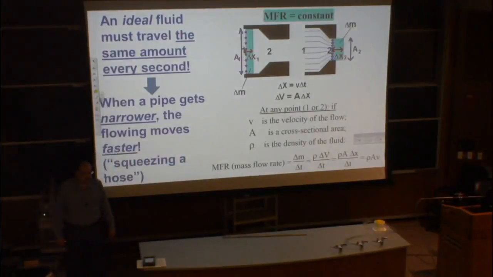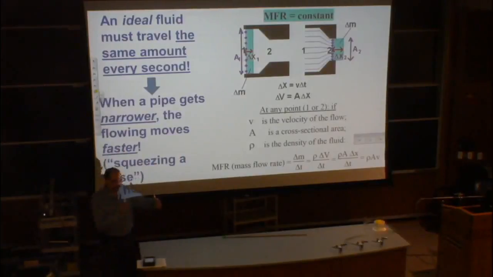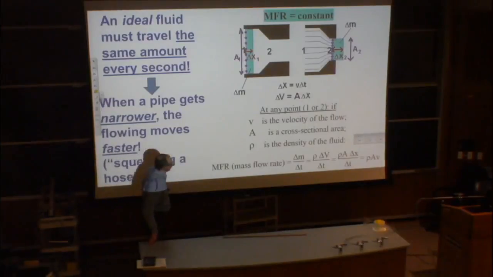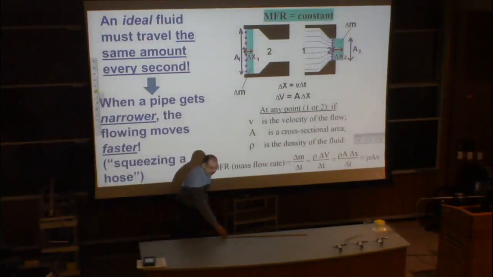Of course, it would have been different if we drilled the hole, for example, some fluid could be lost, or we could add some fluid, or we could compress it. But if it's incompressible, that's it. The amount which travels through every cross section of a pipe every second has to be the same. This is kind of law of conservation, but we don't call it conservation. We call it a continuity equation.